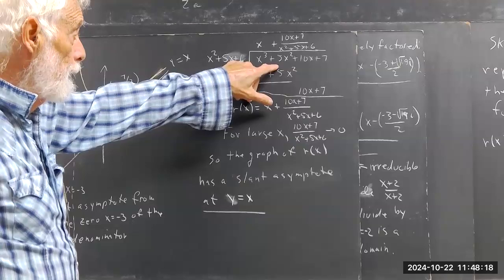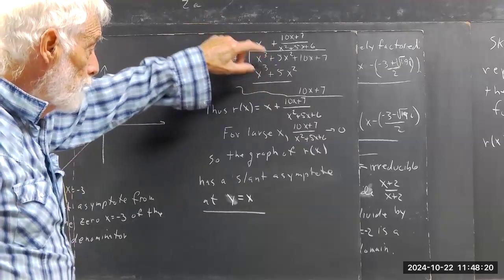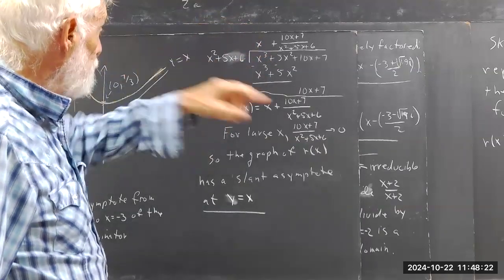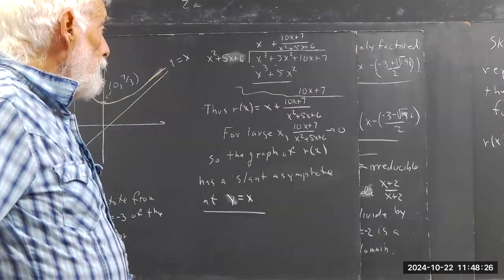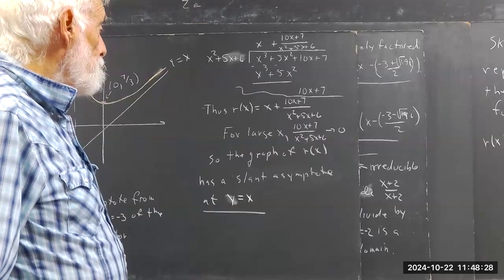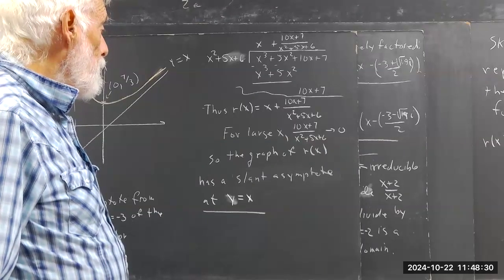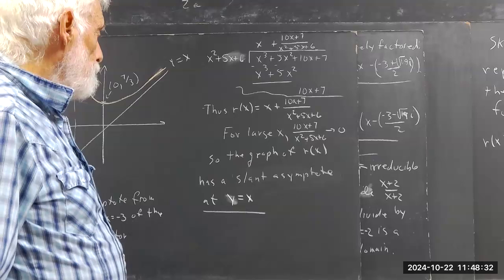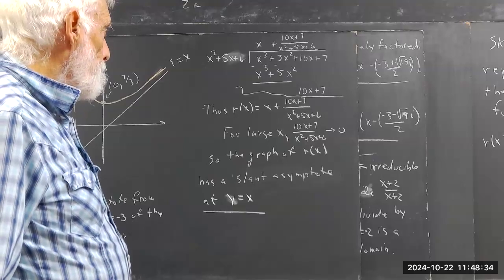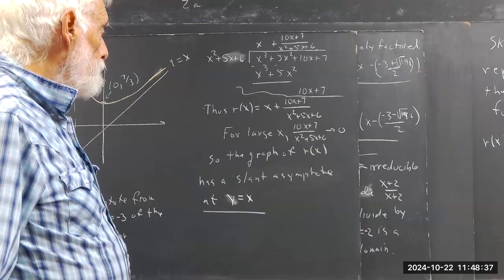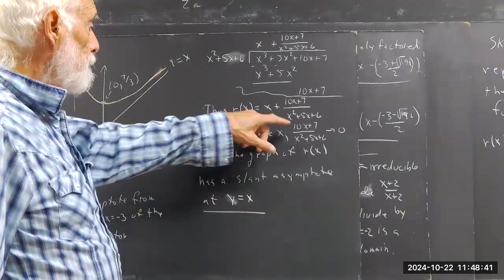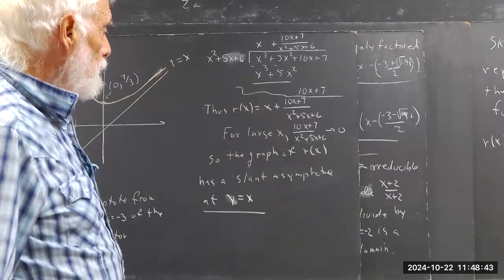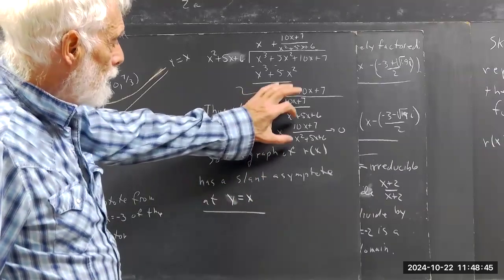The quotient is this, which means that this equals this times this. In any case, there's your divided form of this function.